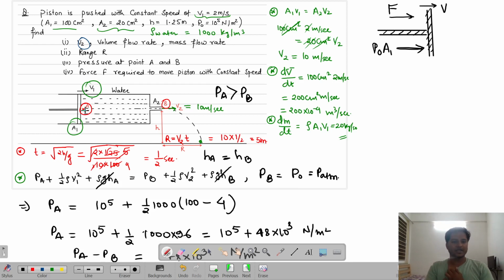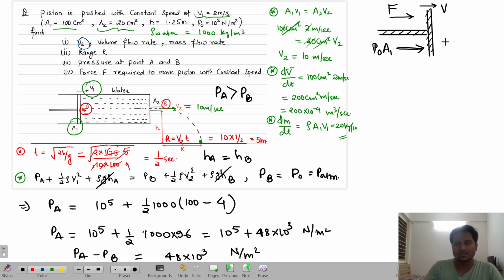And at point A, right now you just calculated that there is a pressure which is 10 to the power of 5 plus 48 into 10 to the power of 3. That pressure, P of A into area A1, will be present from behind to oppose that motion.